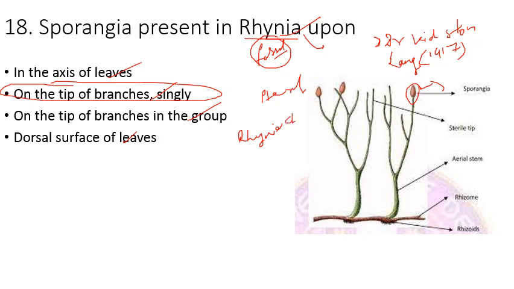Rhynie Chert bed in village Rhynie. तो जो विलेज का नाम है वही Rhynie है, of Aberdeenshire of northern Scotland. तो स्कॉटलैंड में सबसे पहले ये जो फॉसिल है इसका मिला है, और ऐसा मानते हैं कि जो Rhynia है that is considered to be the Lower Devonian plant. मीन्स डेवोनियन जो पीरियड है उसमें ये प्लांट ग्रो किया था.